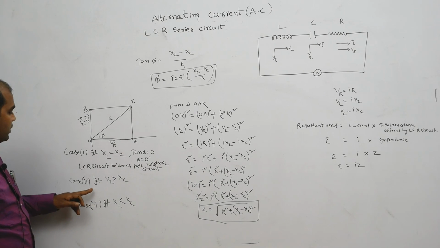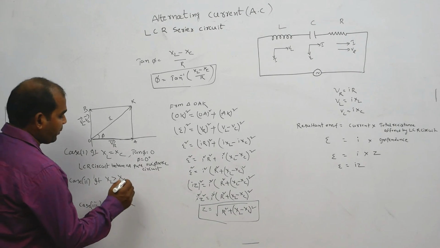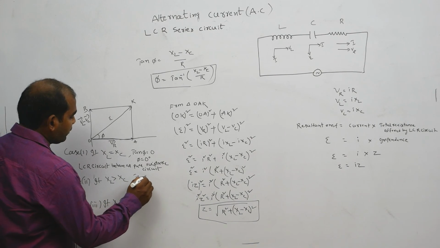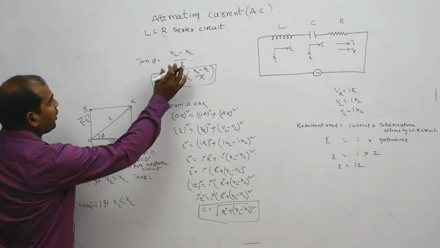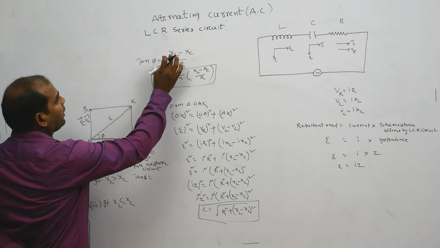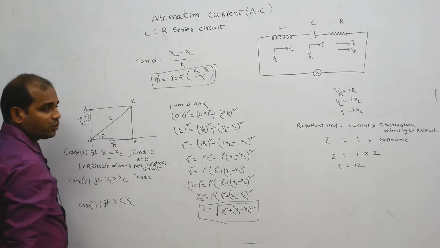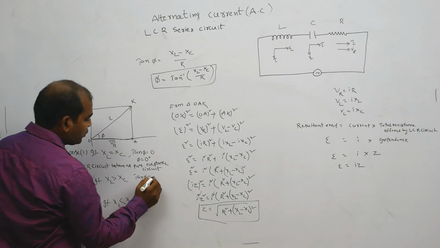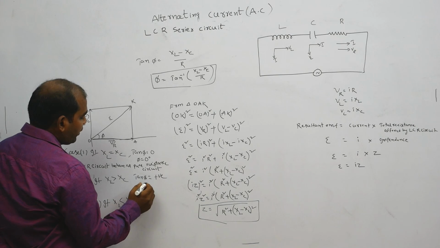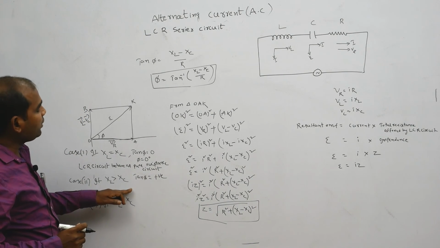And let us see the second case. If XL is greater than XC, what will happen? The tan phi value becomes positive, because XL minus XC is positive, as XL is the greater value. When the lower value is subtracted from the greater value, the total value becomes positive. Then tan phi is also a positive value. When tan phi is positive, the phi value is also positive. So how do we define it?